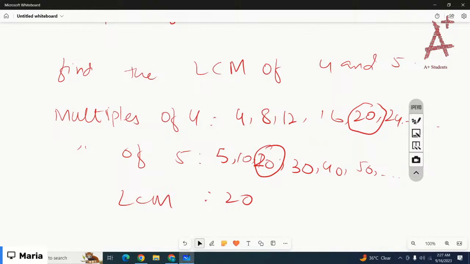Let's do another example. We have to find the LCM of 12 and 18.